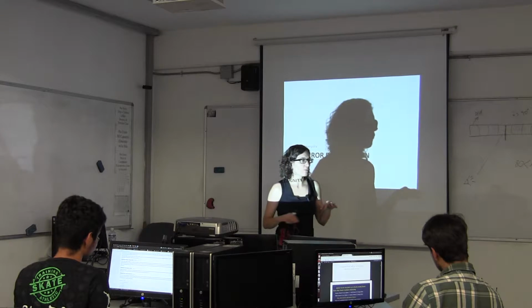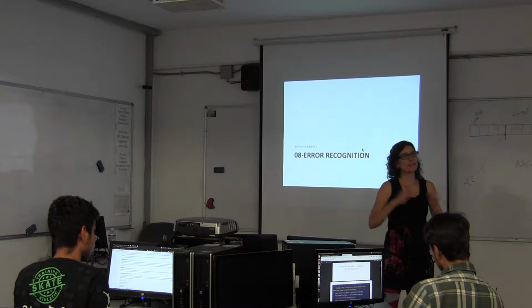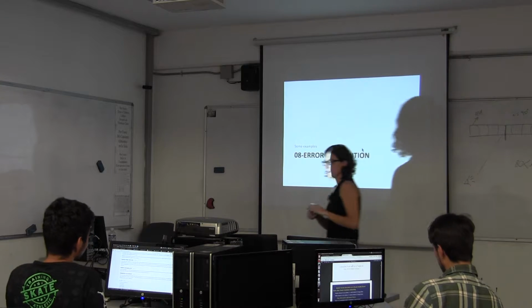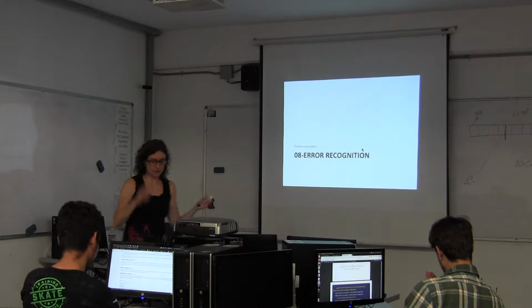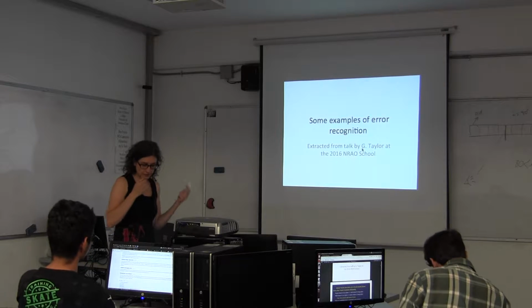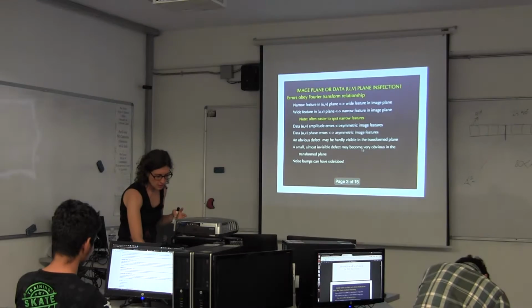You may have 3 or 4 points that have super big amplitudes, and that's going to cause a mess in the image if you don't flag them. These slides I collected from a talk at the NRAO school, just to visualize what happens.